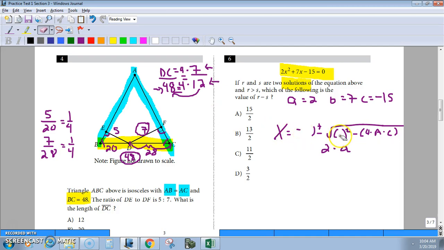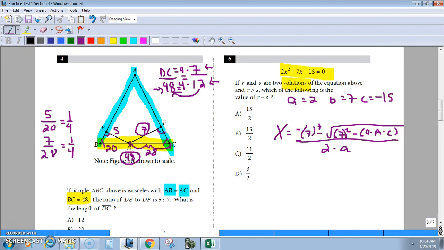Now, everywhere I see a b, instead I'm going to put 7. So I'm going to erase my b's here. And everywhere I see an a, I'm going to put 2, right?